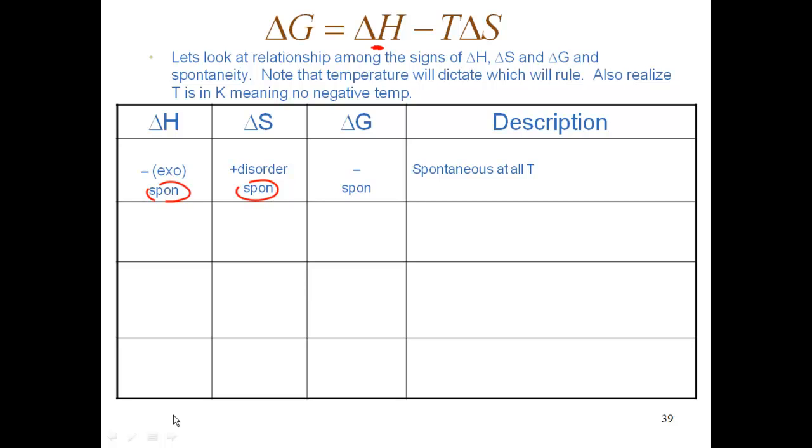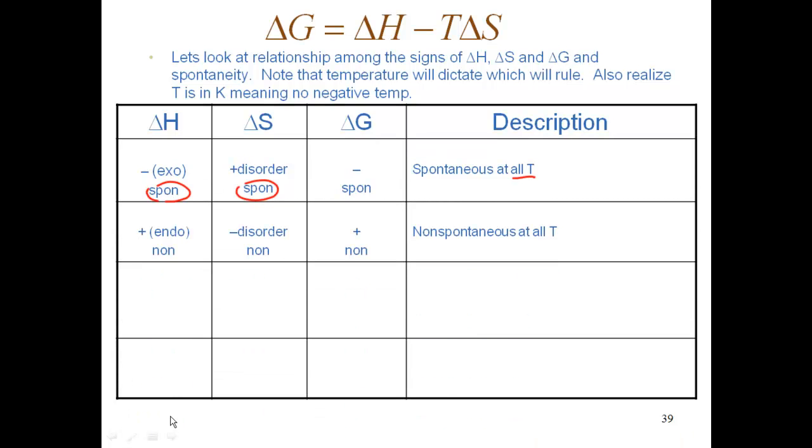I have a negative delta H and a positive delta S. Well, a negative times a positive gives me a negative, so a negative and a negative, the whole thing's a negative, which by our definition is a spontaneous reaction. So at all temperatures we have a spontaneous reaction. There's no competition between those components. They both favor a spontaneous reaction.